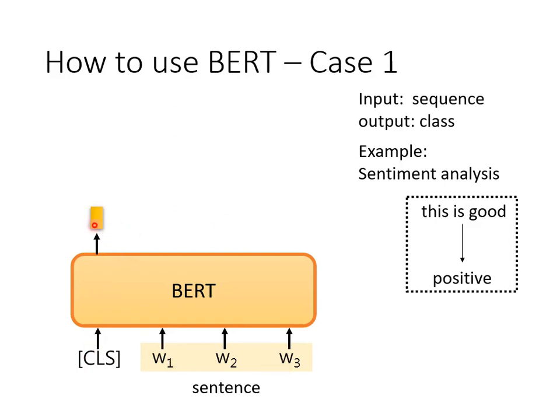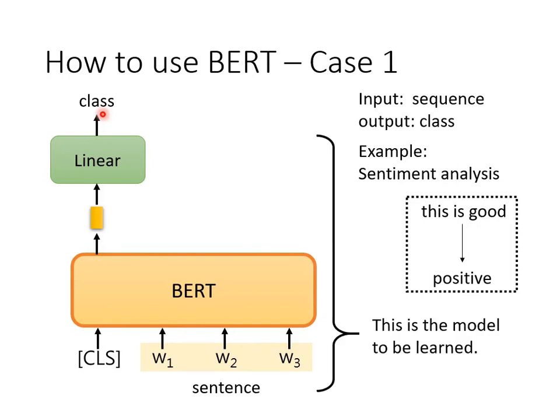Then, we only look at the part of CLS. CLS outputs a vector here, and we apply a linear transformation to it, which multiplies it by a matrix. Softmax is omitted here. Through softmax, it determines the output class is positive, negative or other.